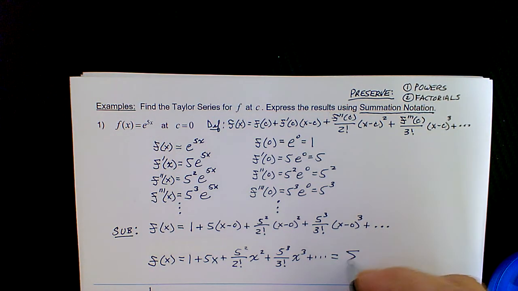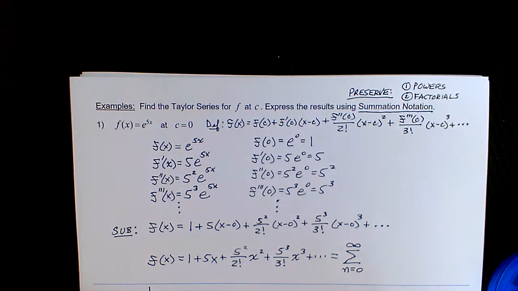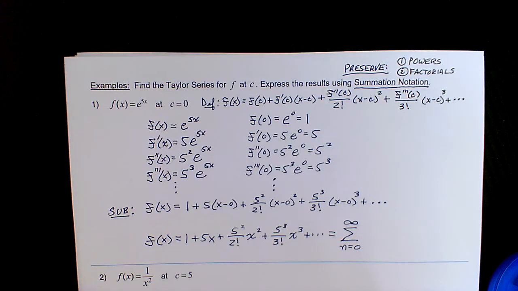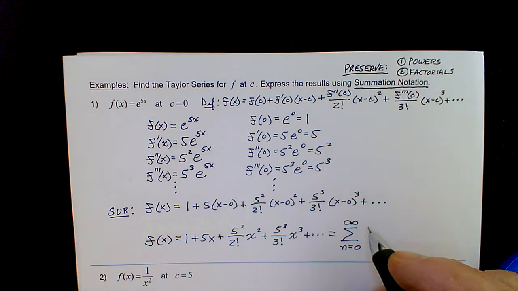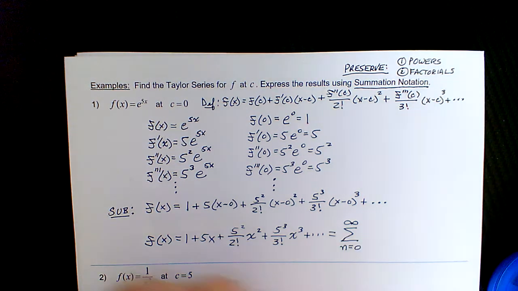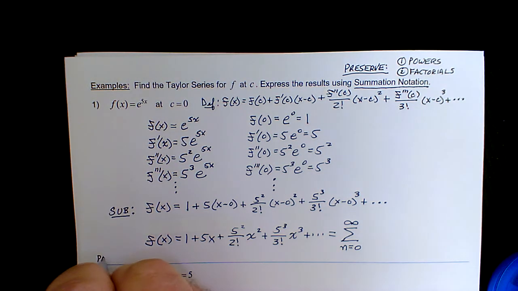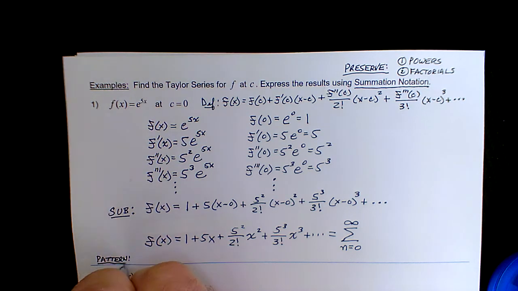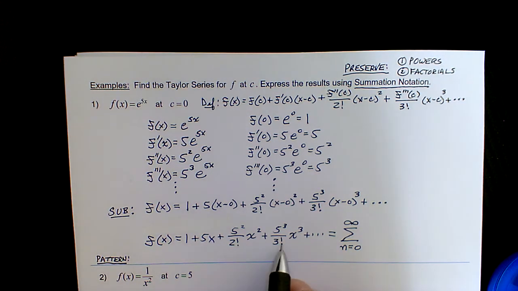Now summation notation. So remember, with summation notation, we always have to start at 0. You want to look for alternation of signs, but there aren't any. But there's some patterns in terms of the powers of 5 and the factorials and the powers on x. But they seem to all be the same.